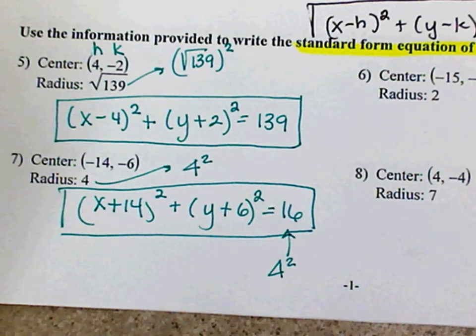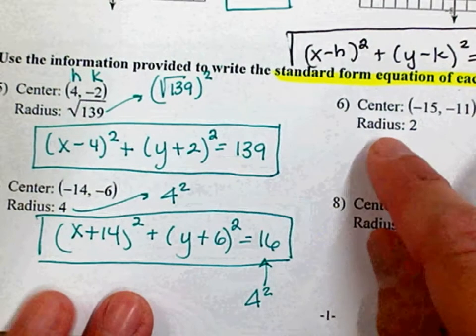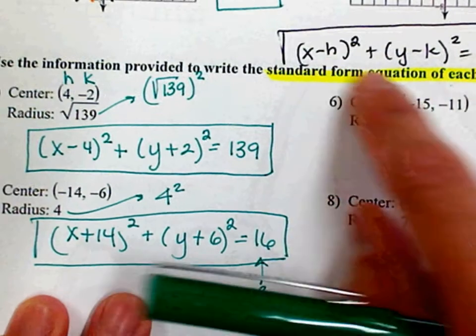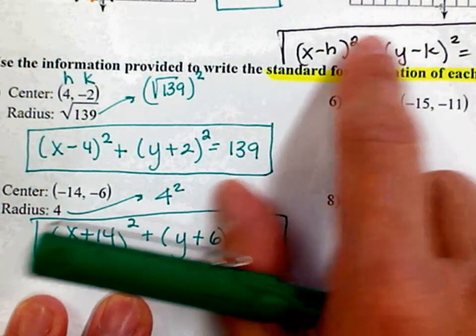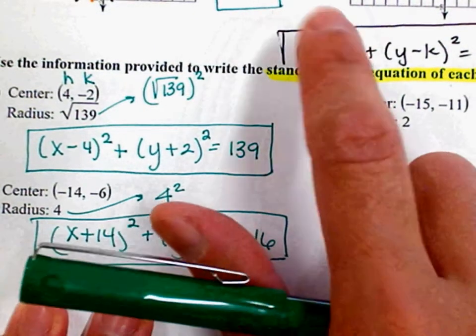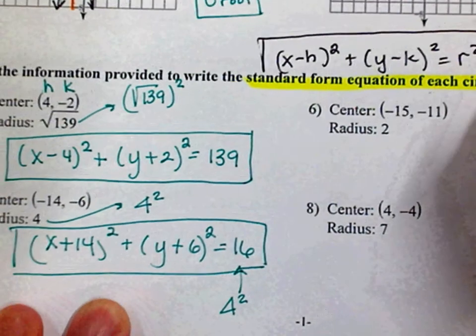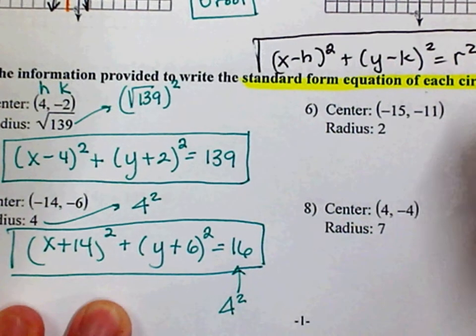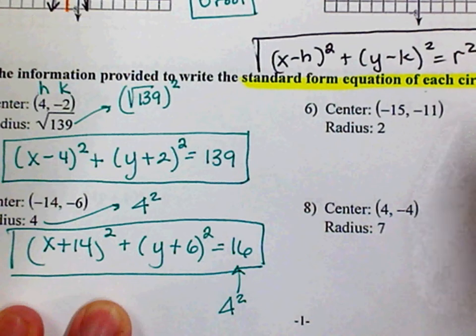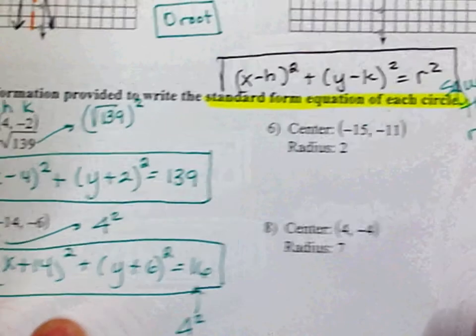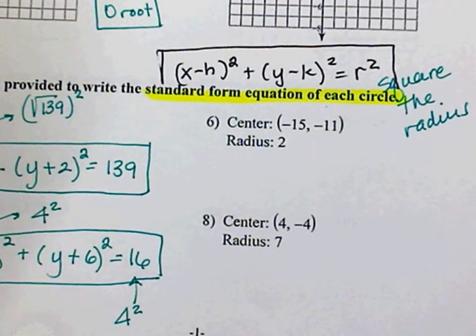So, look at this problem right here. Is it asking you for a formula? Is it asking you for an equation? If it's asking you for an equation, you want to square the radius. Did you guys see that? Make yourself a little note, because this is where students miss.